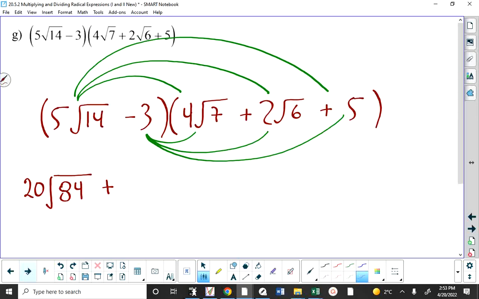I'm going 5 root 14 times this one, then times this one, then times this one. 5 root 14 times 2 root 6. 5 times 2 is 10. Root 14 times root 6 is root 84? No, 98. And then 5 root 14 times 5 is 25 root 14.